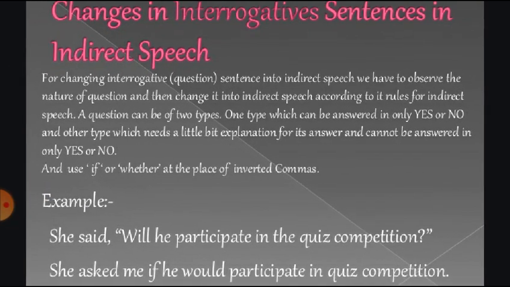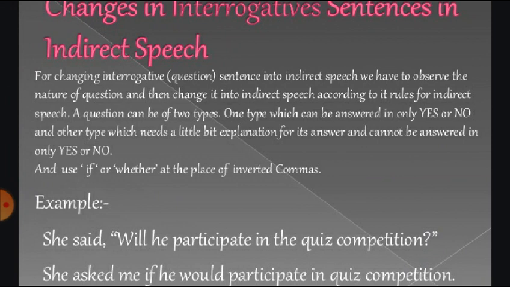So another type of question is the WH question, and this WH question can't be answered in yes-no form. So for yes-no questions one type of rule is there, and for WH questions another type of rule is there. So now let's talk first about yes-no questions.